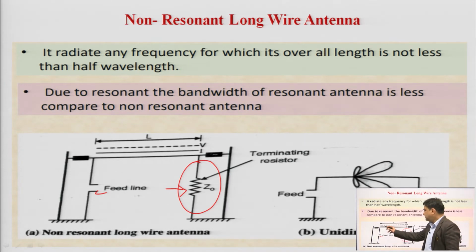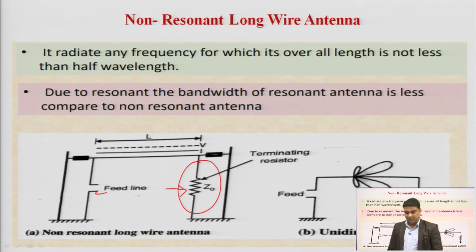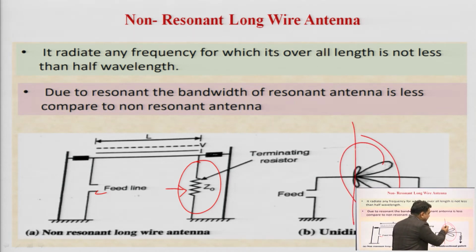So, standing waves are not present, and the length of the antenna may not be an integral multiple. The resultant radiation pattern is unidirectional like this, only in this direction, and this is the termination with its characteristic impedance.